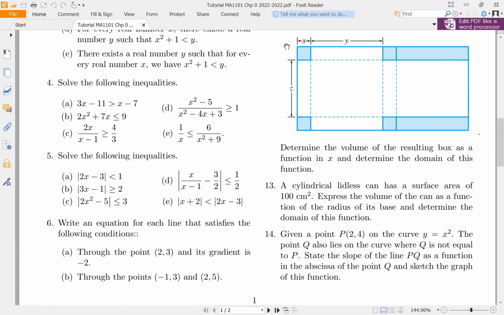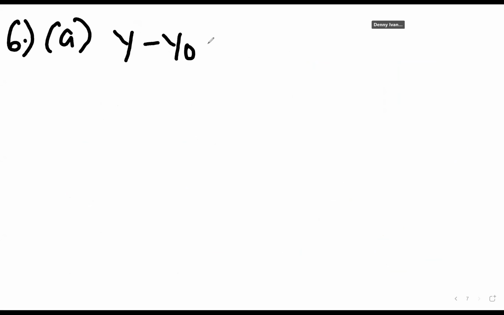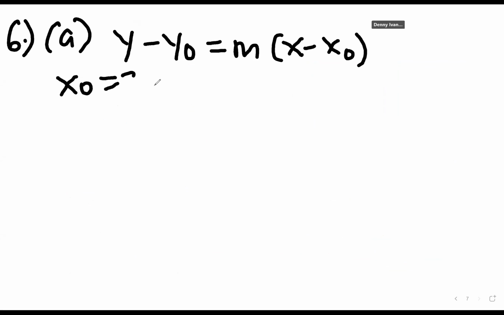Okay, so in 6a, the line passes through the point 2, 3, and its gradient is minus 2. We can use the equation y minus y0 equals m times x minus x0. Here x0 is 2, y0 is 3, and m equals minus 2.